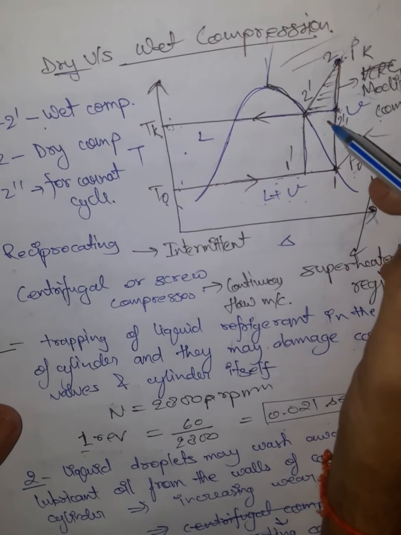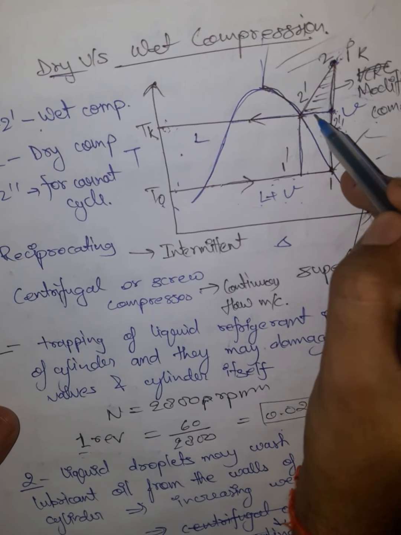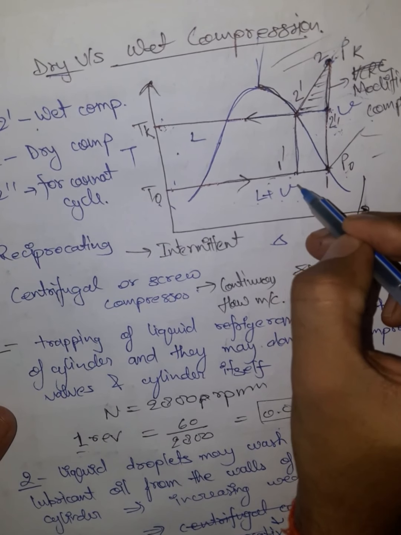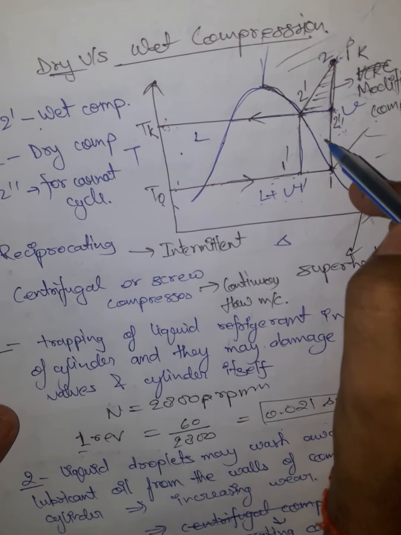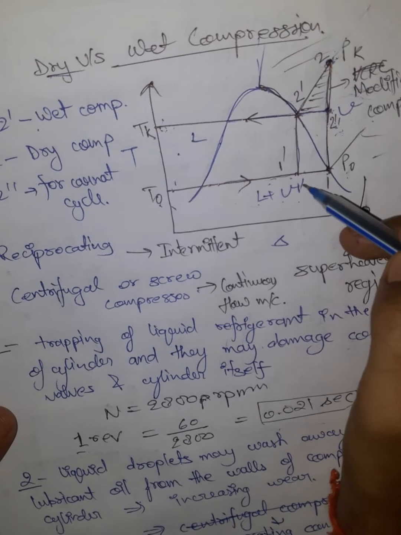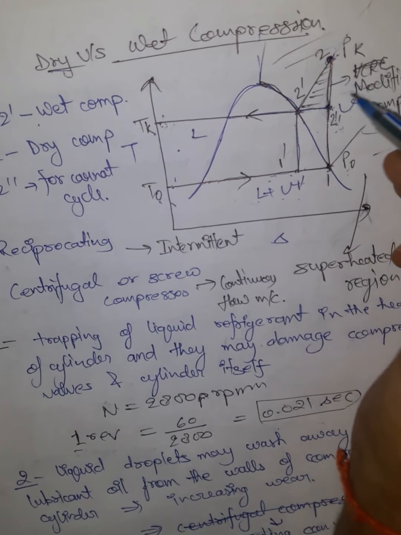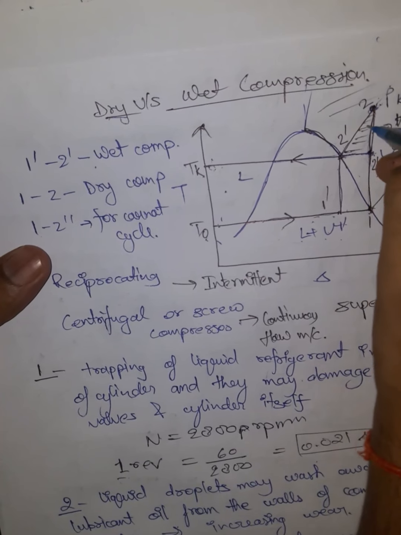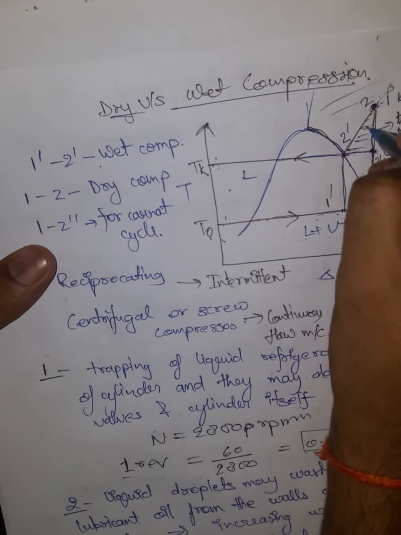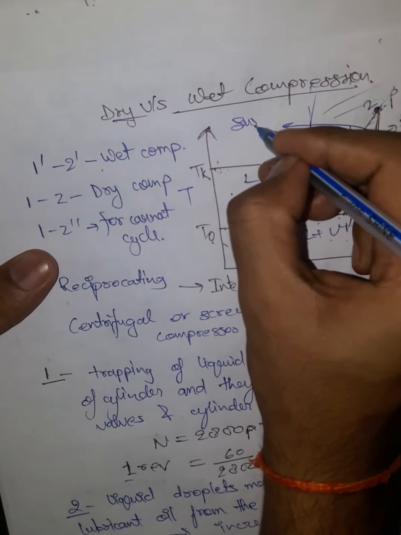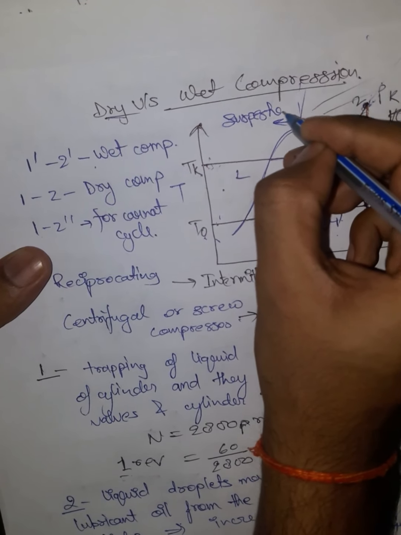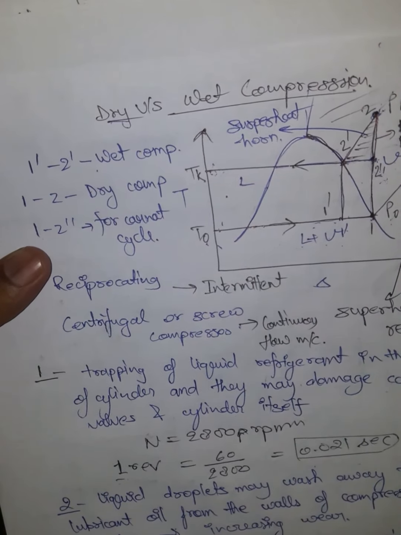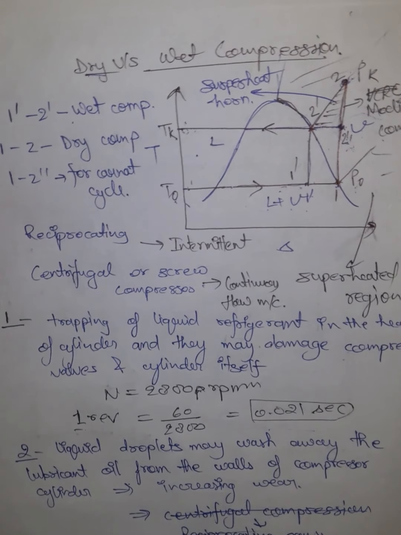Okay, now the area between 1 dash, 2 double dash, 2 dash, and 1 dash, this region, this area, is known as the superheat horn, and this is just a name given to it. So it is known as the superheat horn. That's it for the process.